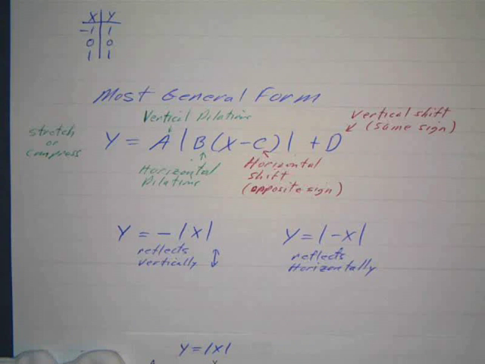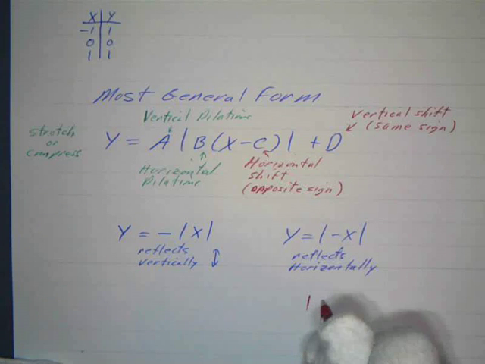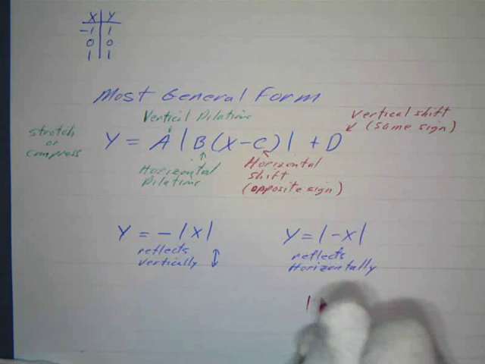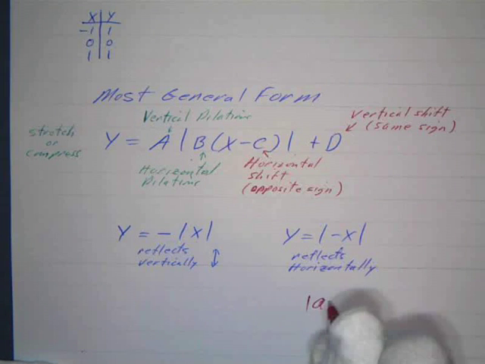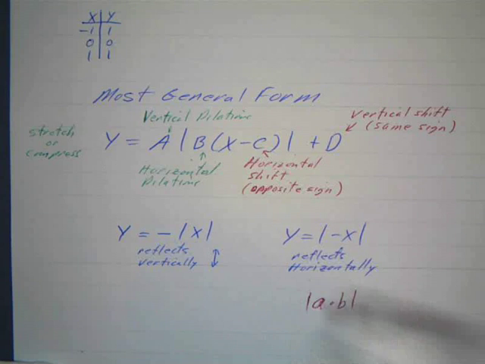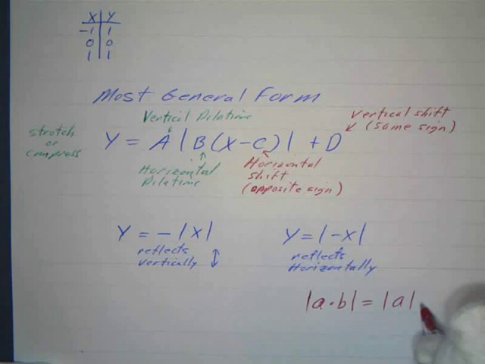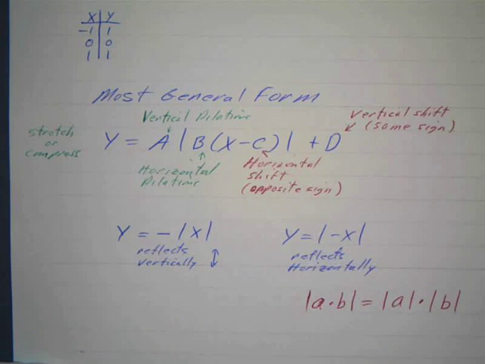Now you can think of this rule, and I hope you've gone over this before, that the absolute value of a product is equal to the product of the absolute values. So it's the absolute value of A times the absolute value of B. That's one you want to be aware of.